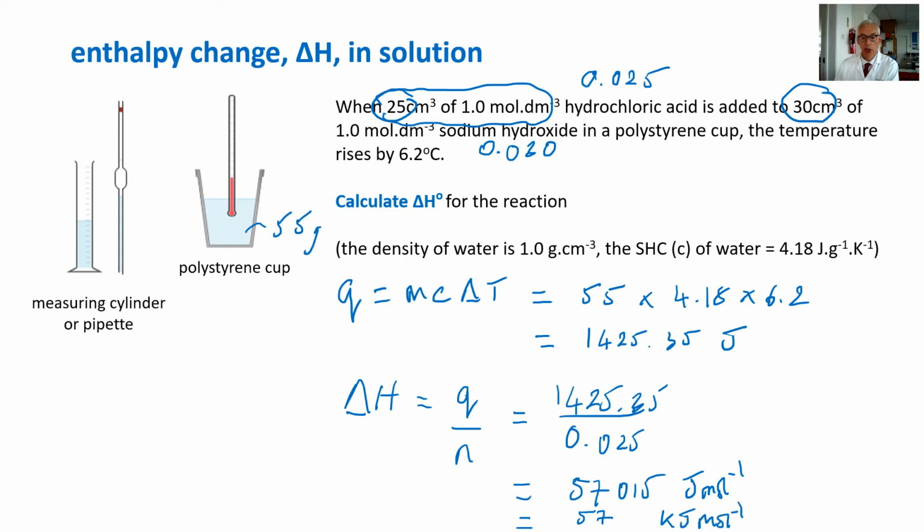And I'm sticking to two significant figures because my data is 2 sig fig, 2 sig fig, 2 sig fig. But I also need to assign positive or negative in front of the delta H value. As it is an exothermic reaction, the temperature rises, then we say delta H is negative.